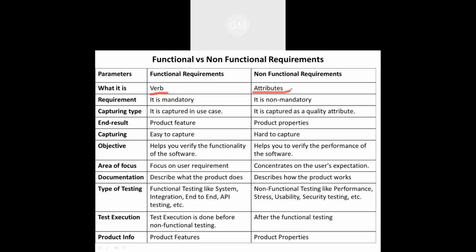Then the second difference is that functional requirements are mandatory in the particular project, but non-functional requirements are not mandatory in the systems. For example, for an MIS system you need a username and password, then only you can enter the system and access the data.